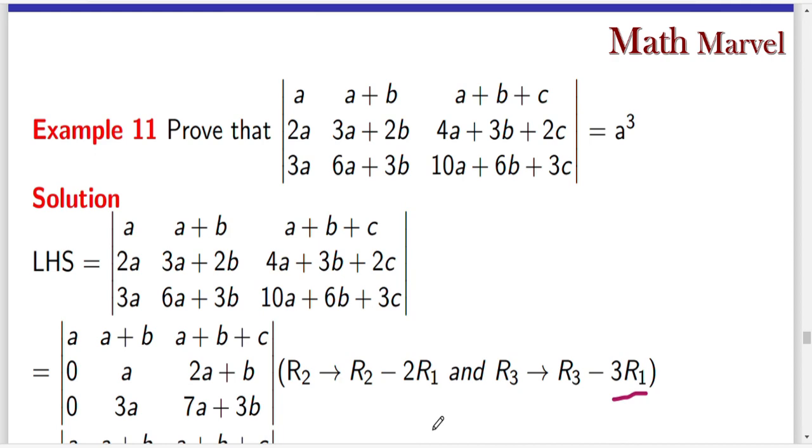Okay, this type of operation does not change the value of the determinant. Only this type of operation helps us to convert the maximum number of zeros in any one row or any one column, and after this our computation work becomes easy. Okay, so this is the use of property number 6.